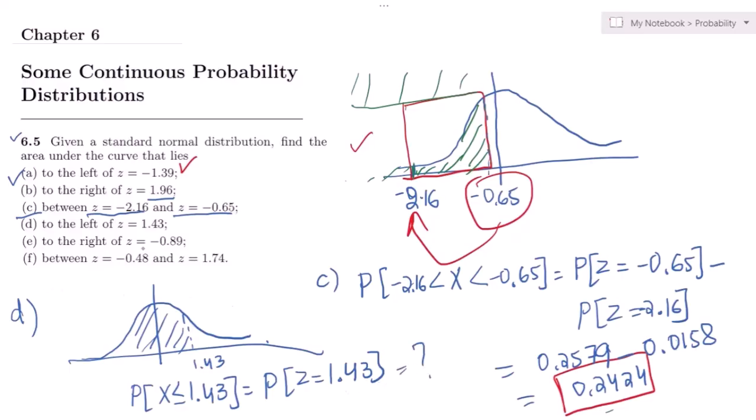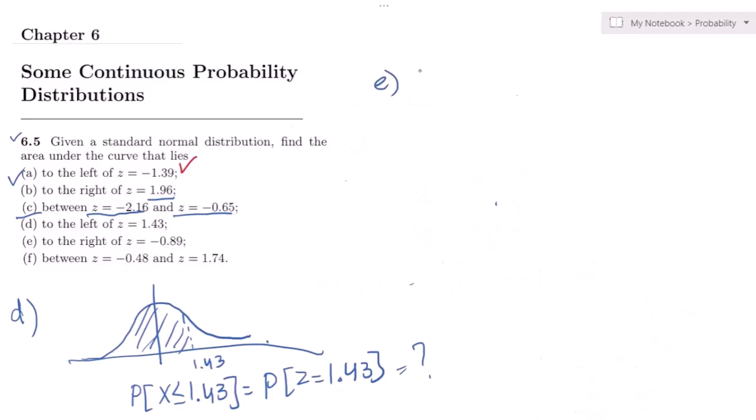To the right of z equal to minus 0.89, which is for part E. To the right of what? Minus 0.89, so let me have it here.